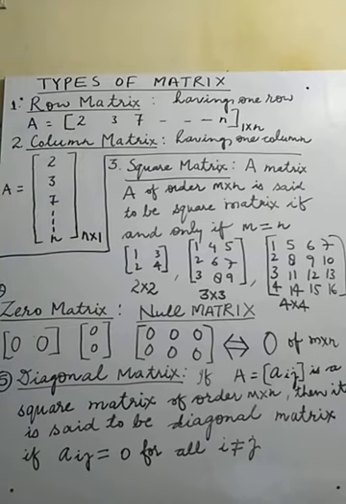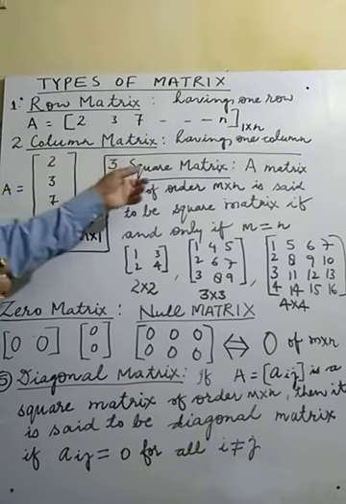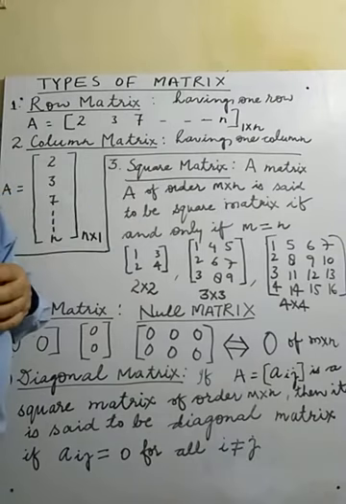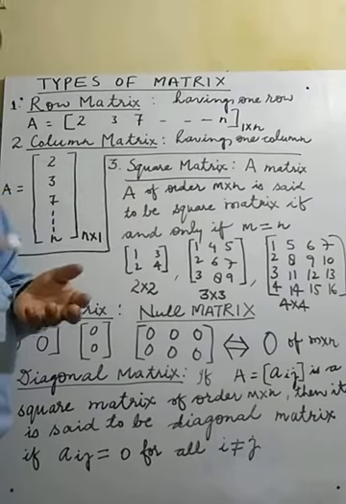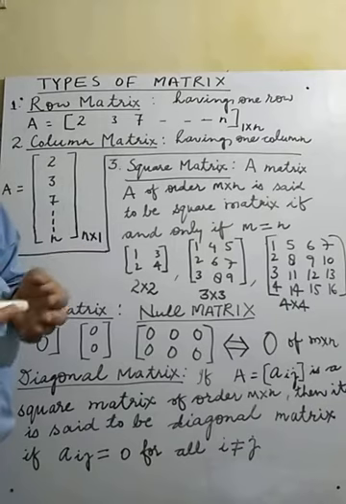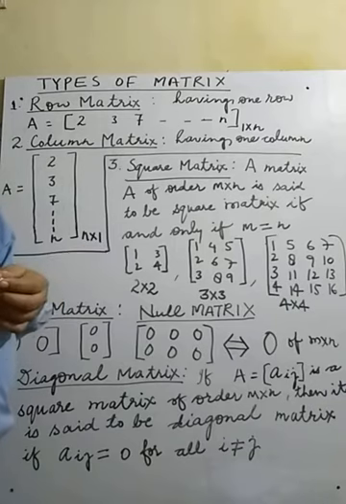Now we have to discuss the next type of matrix. And what is that one? It is a square matrix. You know the difference between a rectangle and a square. A rectangle is called a square when L equals B. So for such a rectangle, a particular name is there, that is square.